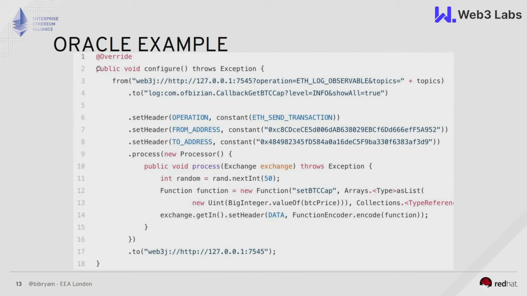When an event occurs on the specified topic, we log it to the command line, and then we send the transaction from this address to another address. That's the command send transaction, and the data in the transaction is basically calling another smart contract. So this is a very simple example of how you could use Camel with Web3j and implement an Oracle that both monitors and also sends to an Ethereum node.